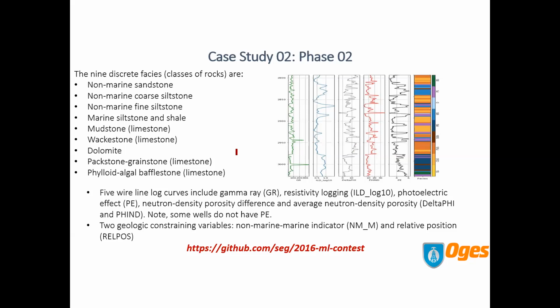And these would then have 2 geologic constraining variables. You recall I mentioned constraining variables. To me, constraining variables are very important because it allows us to make sure that we contain the data-driven approach, the methodology or the algorithm, so that it doesn't create something that has no business value.